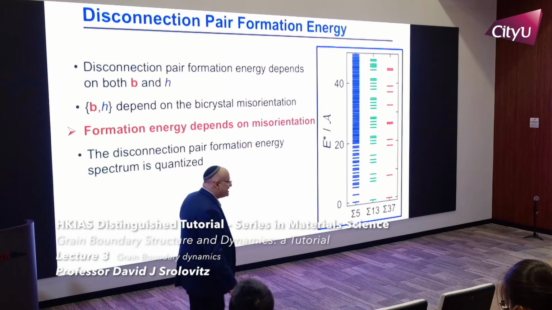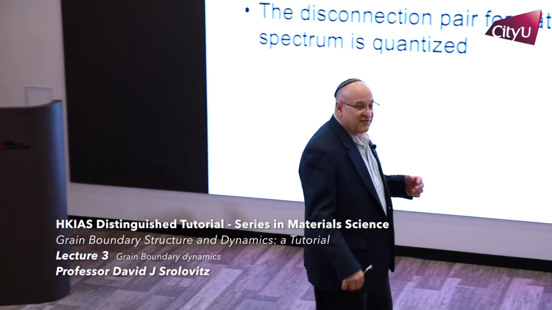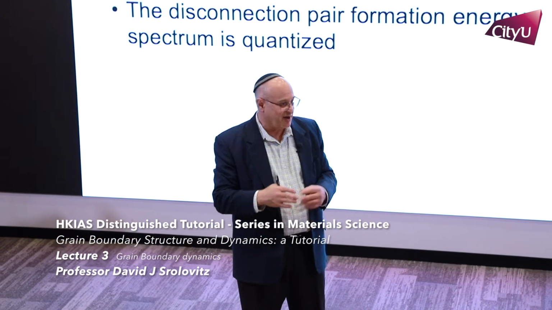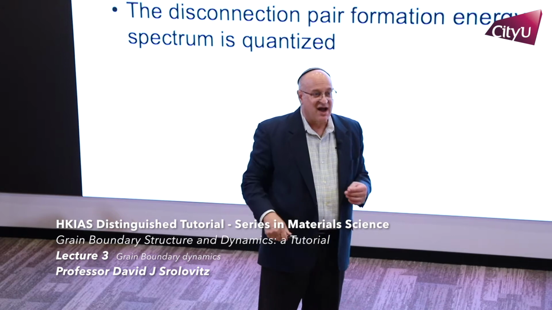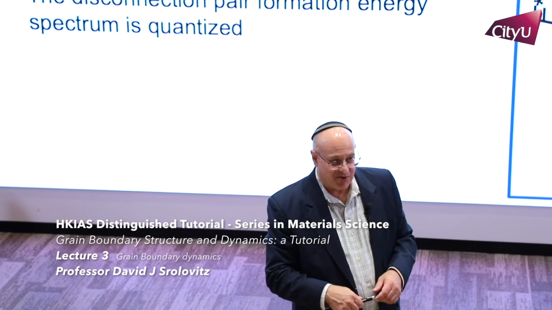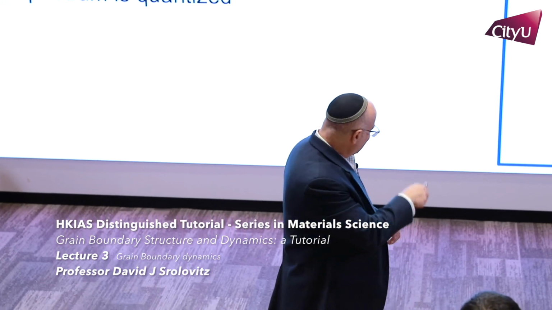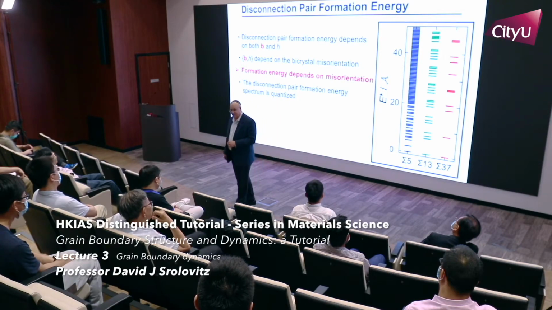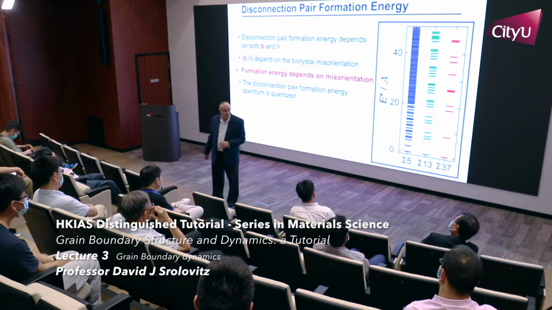Now, if you tell me which misorientation a bicrystal has, I will tell you what B's and H's are allowed. You plug it into the formulas, and I get these spectra. We know how to do every part of that. So I can always characterize this spectrum.